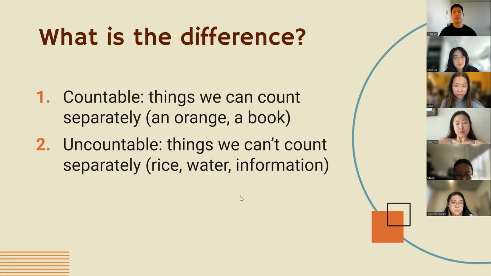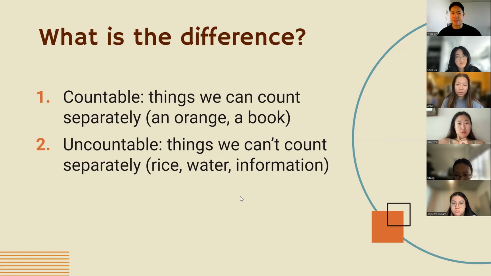So obviously countable is things that we can count separately, right? If you imagine all of the things we can count, the difference is whether you can count separately or not. So for countable, obviously we can count separately. Like an orange, like a book, and what else?